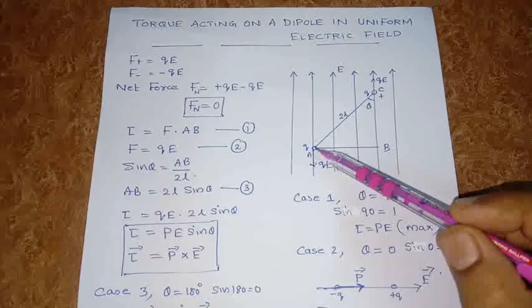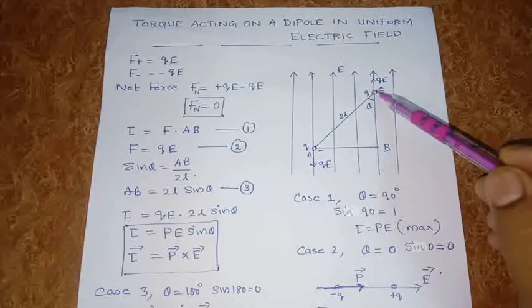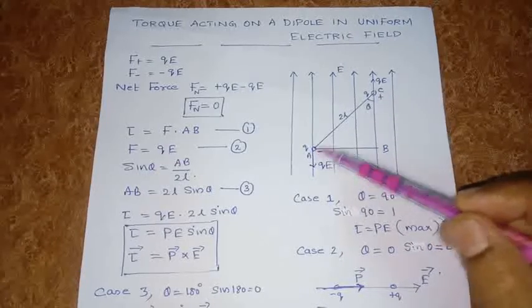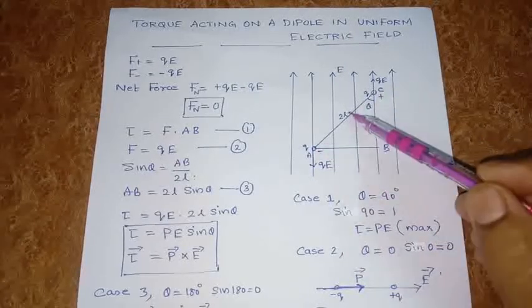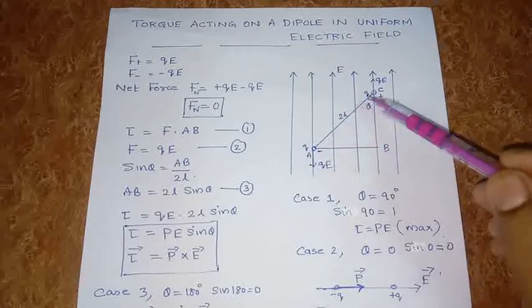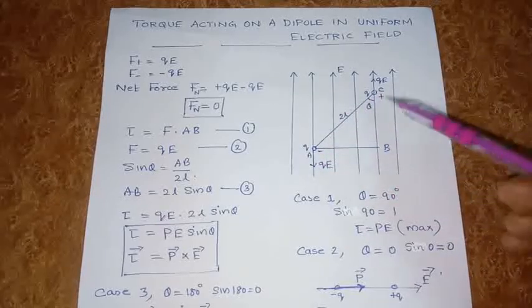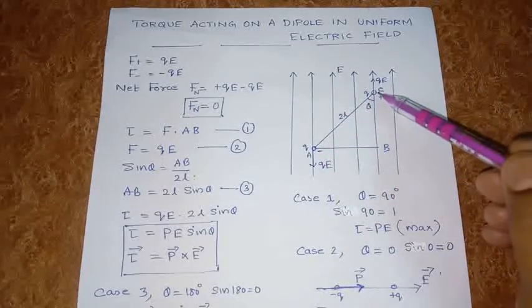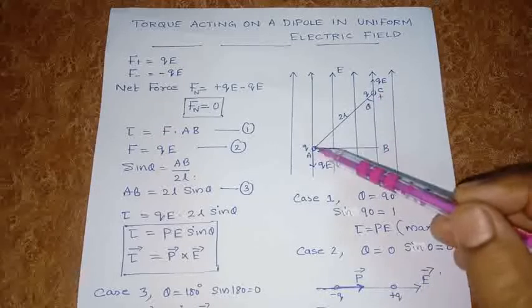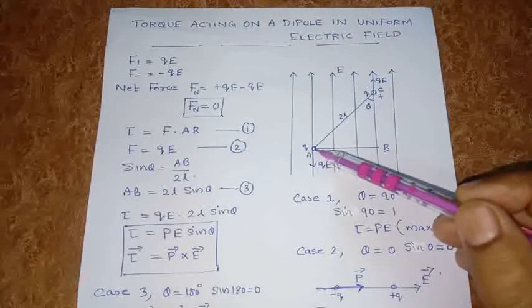Now I am going to place a dipole inside this uniform electric field. Minus q and plus q charge separated by a vector distance 2L, that is a dipole. When the dipole is placed in electric field, both plus q charge and minus q charge experience a force.